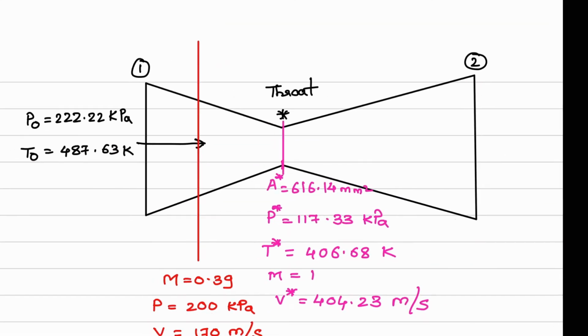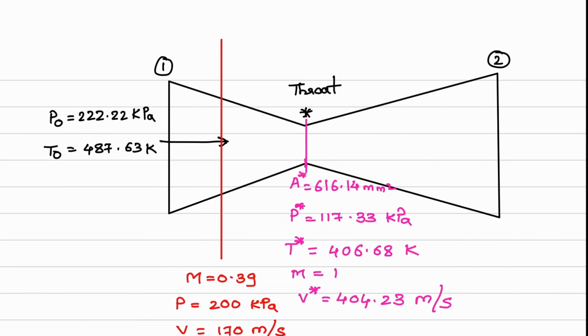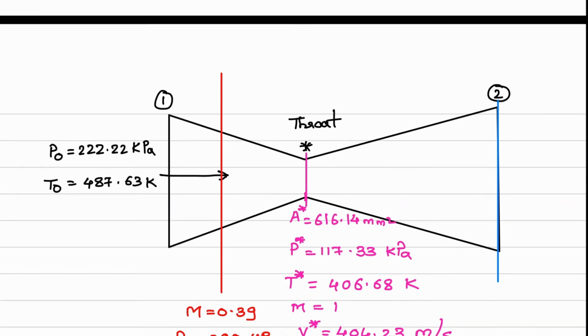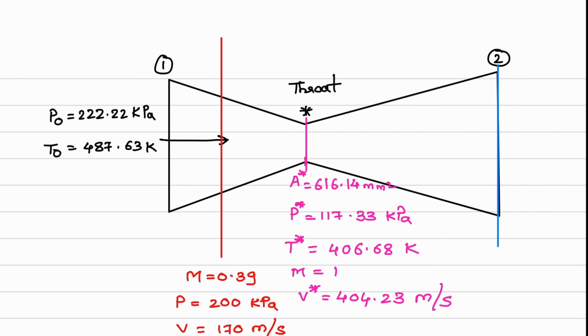Then at exit also we have found out certain properties. So I'll write down the properties at exit also. So exit means point 2, exit condition. So at exit, what are the properties? Mach number M2 is equal to 1.055. Then area A2 is equal to 617.68 mm square.